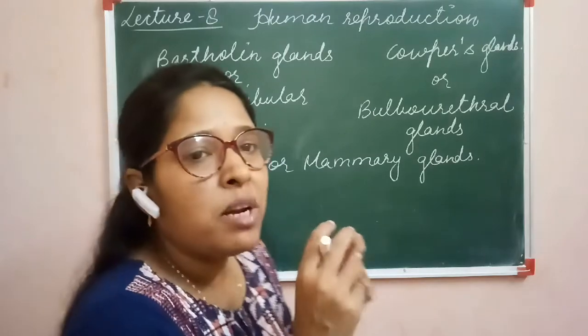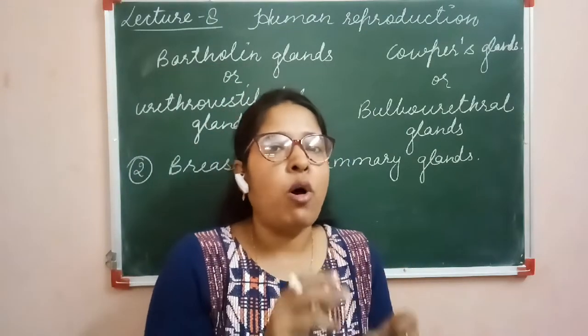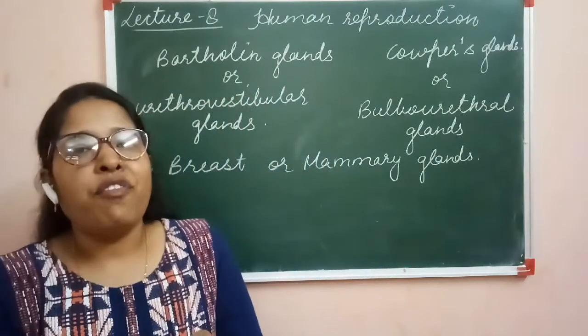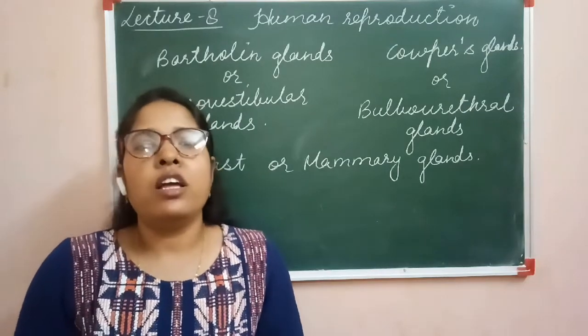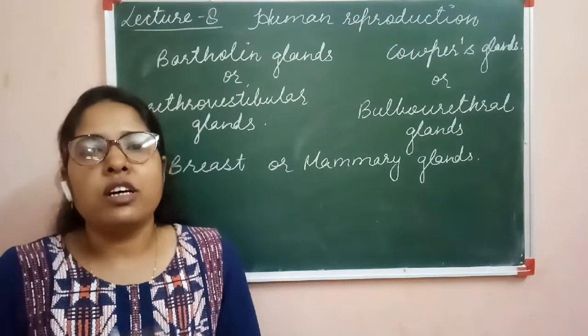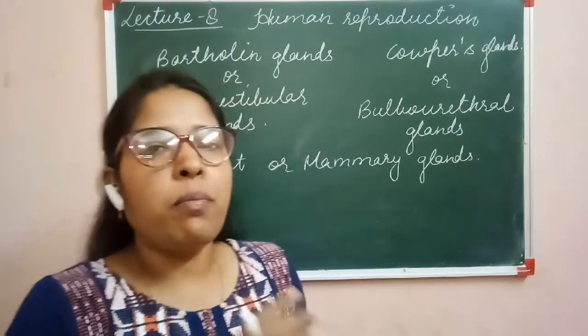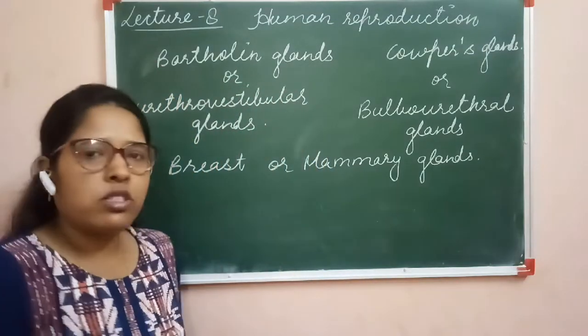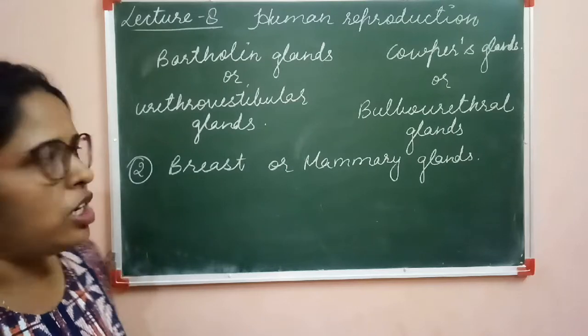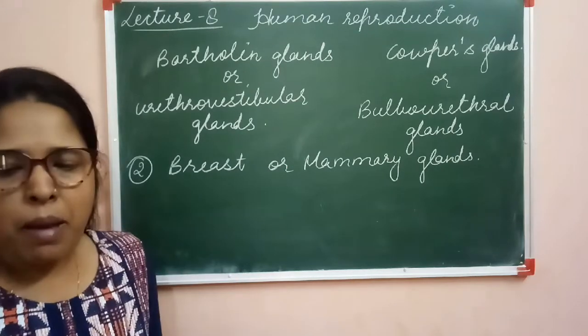They remain functionless in the male body and function in the female body. They are responsible for the secretion of milk after the birth of a child. The process is called lactation. Clear? So these are the mammary glands.